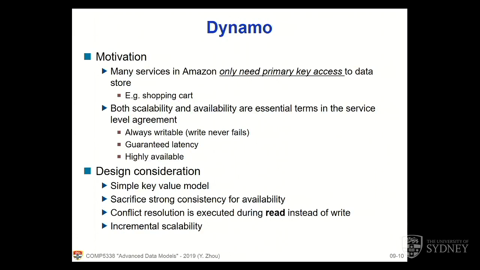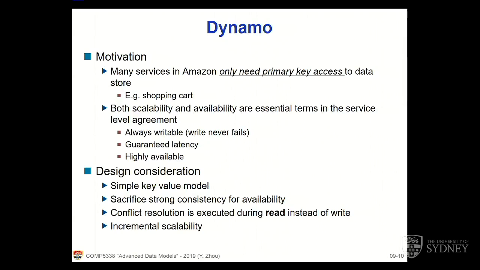In particular, to give an example of the shopping cart, each time the user is updating a shopping cart, adding or removing things, they always want that to be successful. They don't want the user to get a response saying you can't add something to the shopping cart or remove something from the shopping cart.